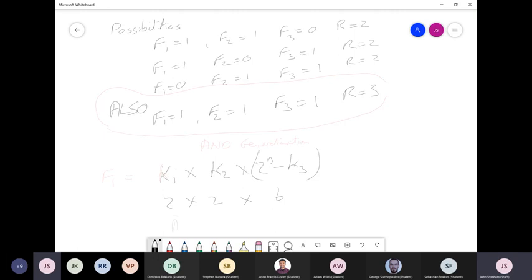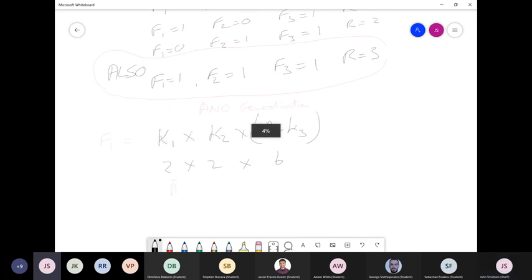Now for the second function, because the number of terms are the same, we need a 1, 0, 1. It is going to be for F2, K1, the number of ways of getting a 1 on F1, times 2 to the n minus K2, times K3.